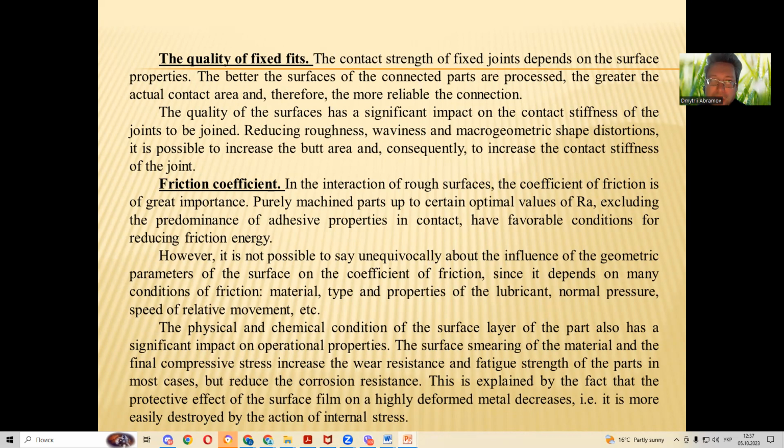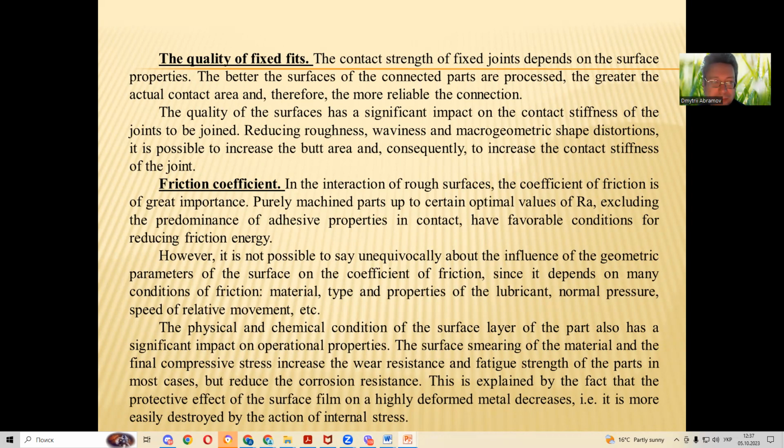The quality of the surfaces has a significant impact on the contact stiffness of the joints. By reducing roughness, waviness, and macrogeometric shape distortions, it is possible to increase the butt area and consequently to increase the contact stiffness of the joint.